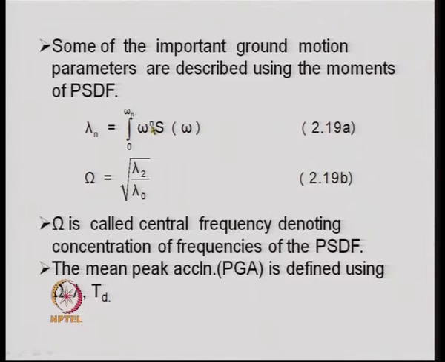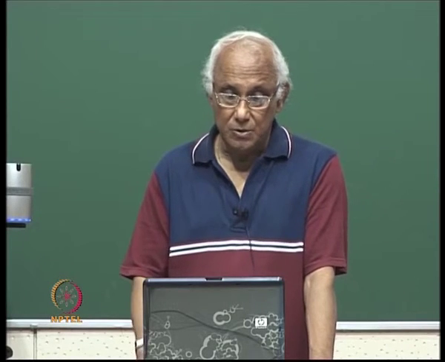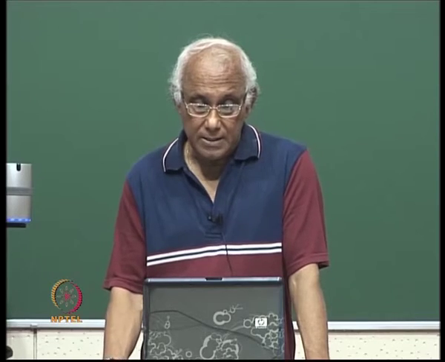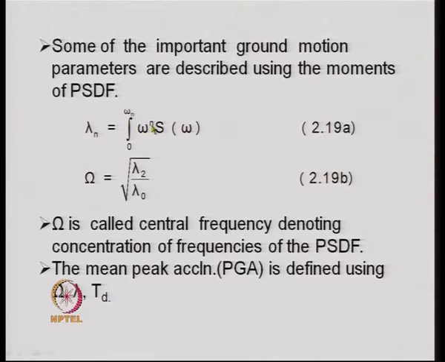Now, the 0th moment means simply the area under the curve. So, the 0th moment lambda 0 is nothing but the mean square value, since the area under the power spectral density function curve is the mean square value. The second moment will be omega square multiplied by S omega, integrated from 0 to omega n.